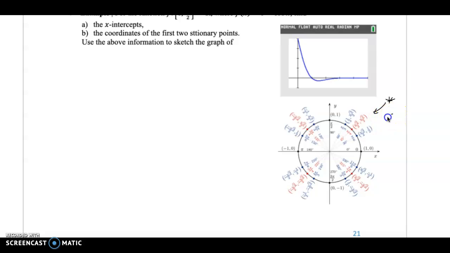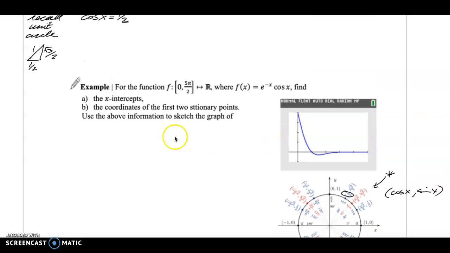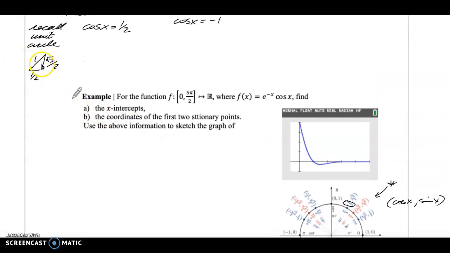So remember, it's always cos x, sine x. So your x values are your cos. So look at that. There's 1, and there's the other 1/2. So those are the 2, but you can see that that's your another right angle triangle, right? So that's from your equilateral triangle.